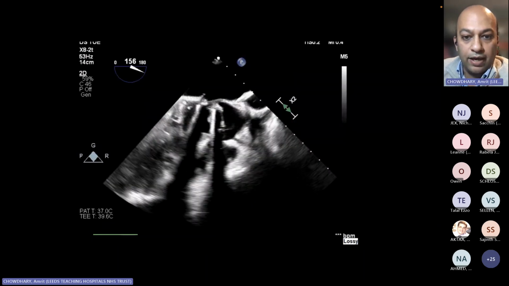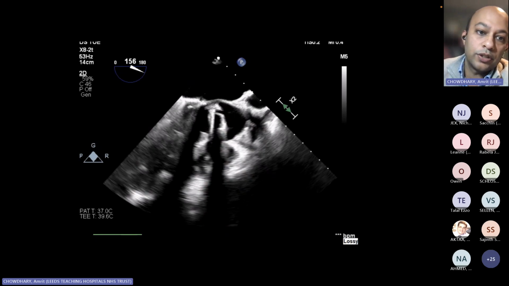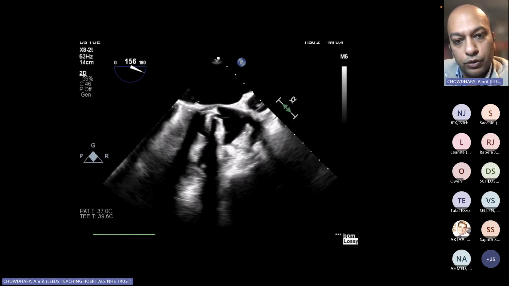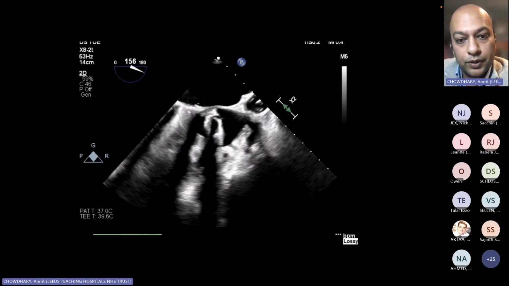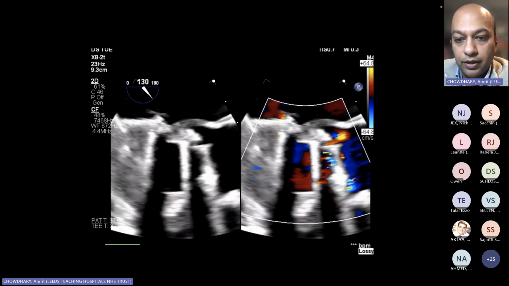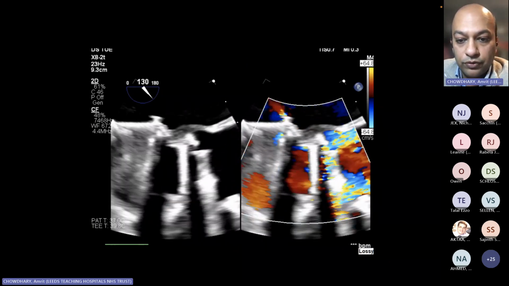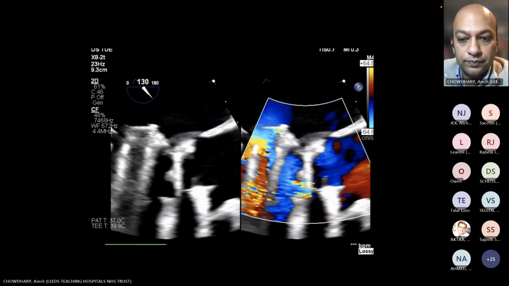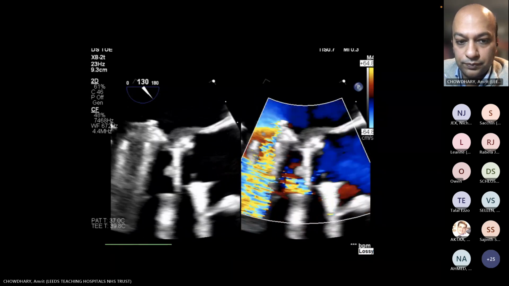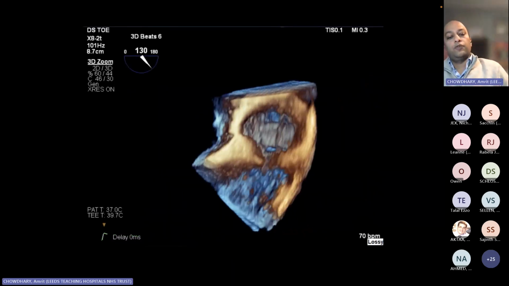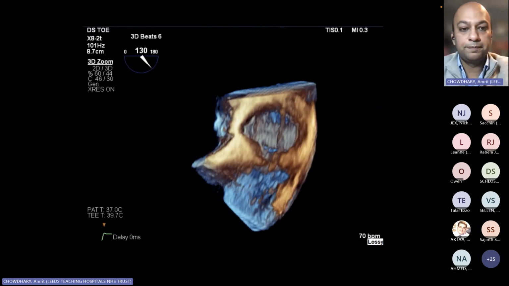He then went on to have a TOE. This is our first image, an LVOT view. Move on. This is again a color compare of the aortic valve. 3D of the aortic valve again.